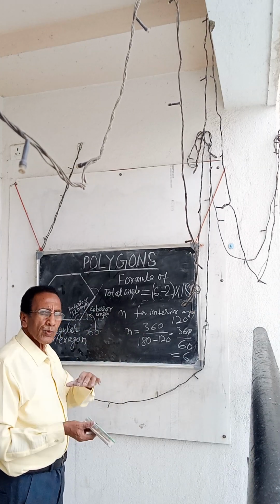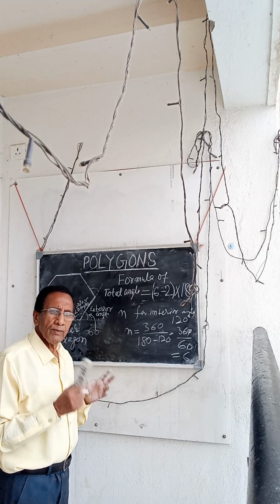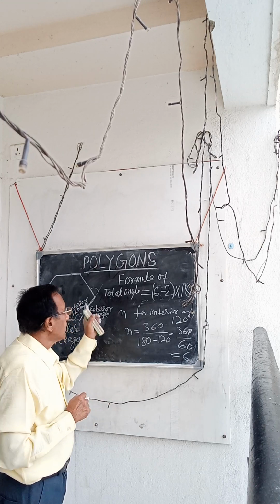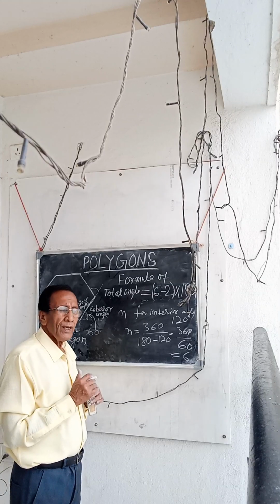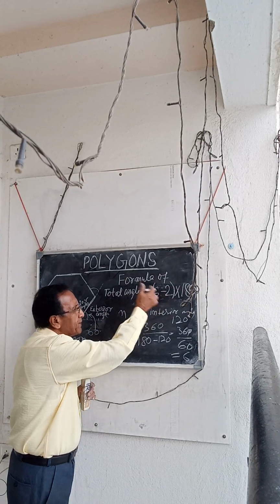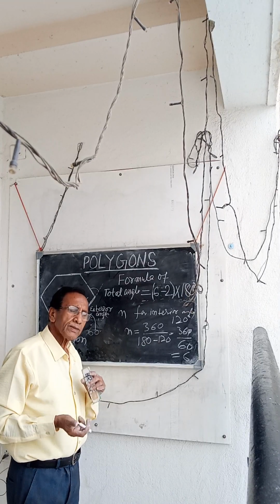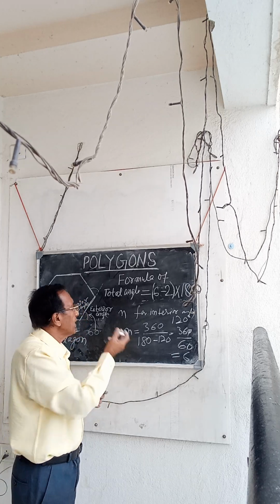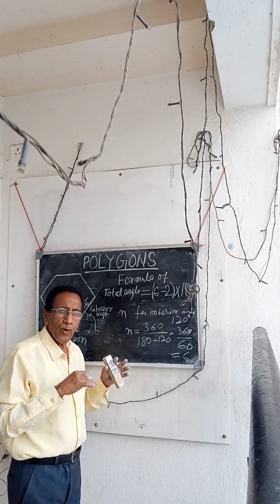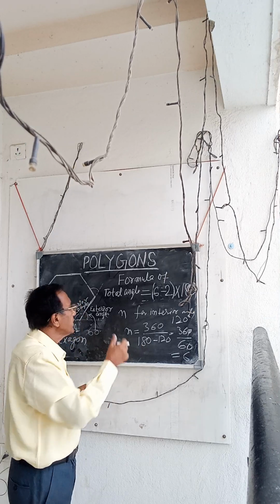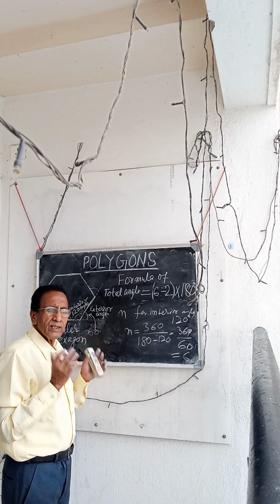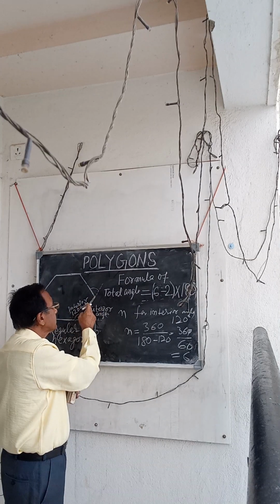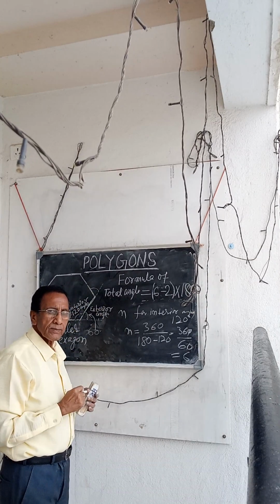So there are two main question types. In the first type, we can find the angles, and in that case the number of sides will be given. In the second type, we will find the sides when the internal angle is given. Now what is the relation between the internal angle and the number of sides?